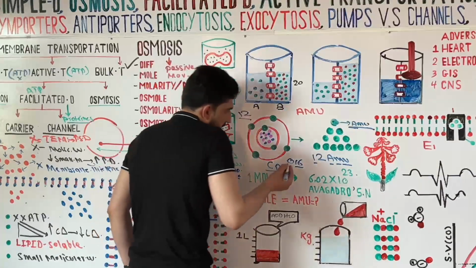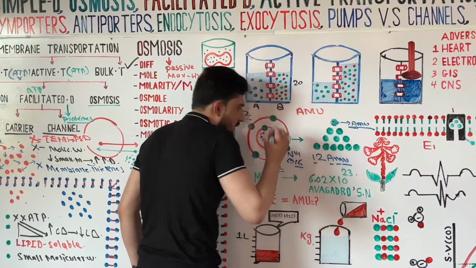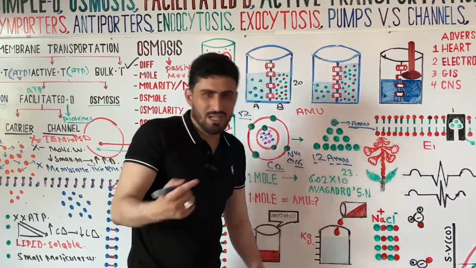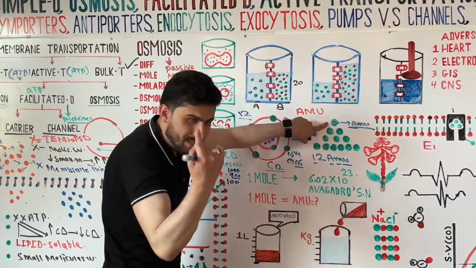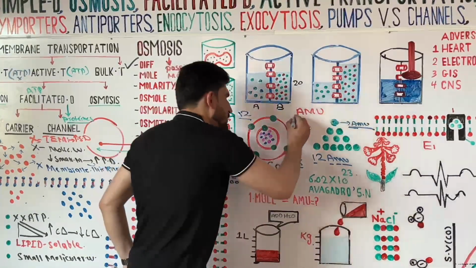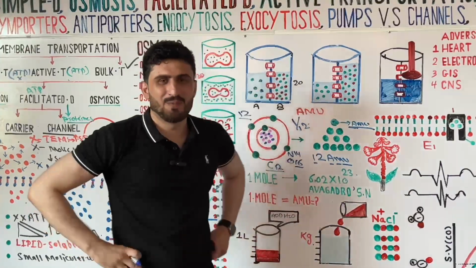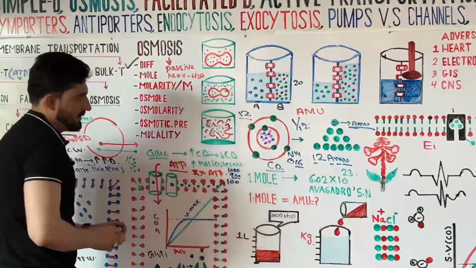If I tell you that atomic mass of nitrogen is 14, this means that this is 14 AMU, and each AMU is equal to 1 per 12 piece of this carbon 12. This is so easy.